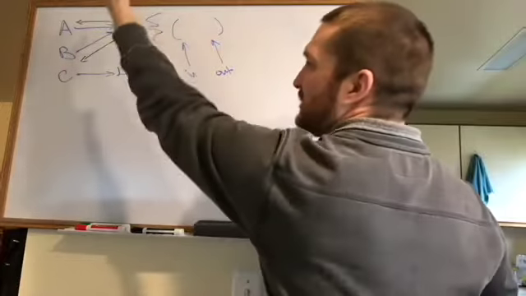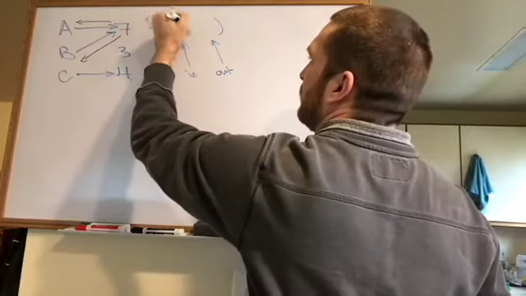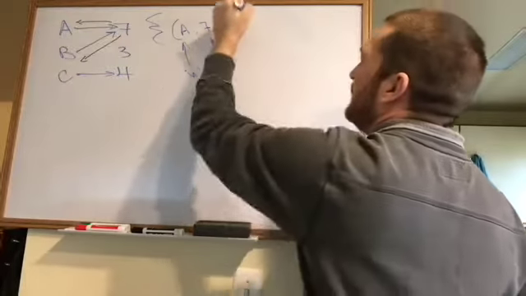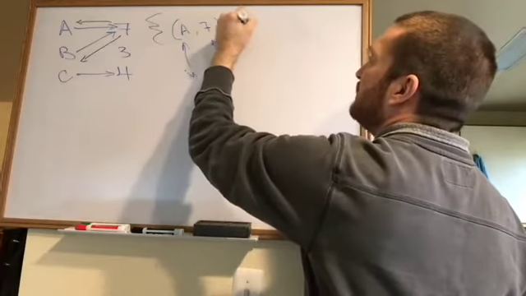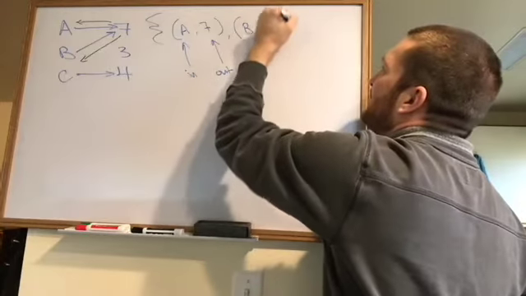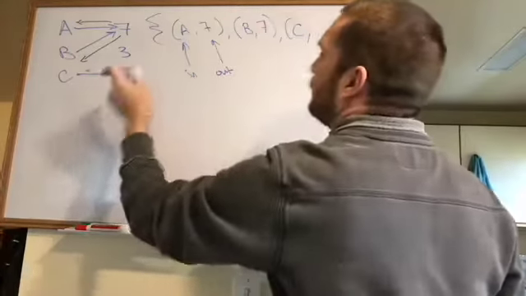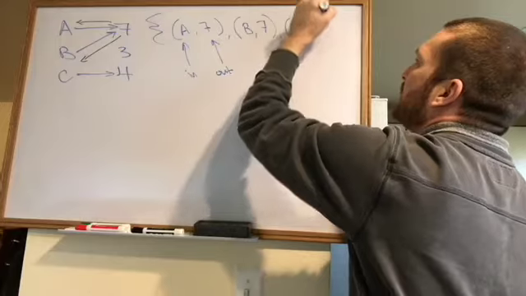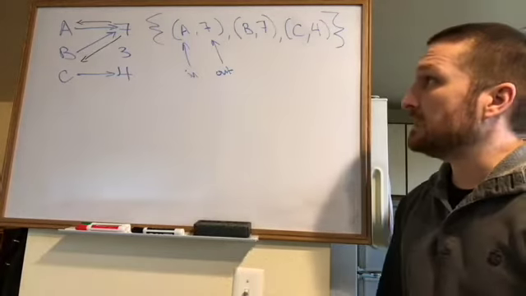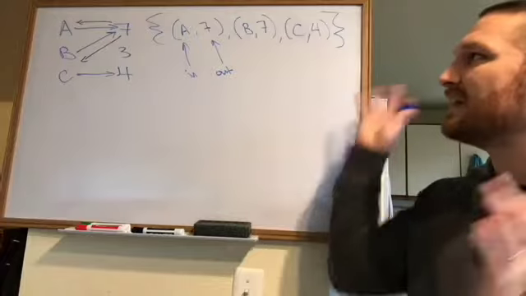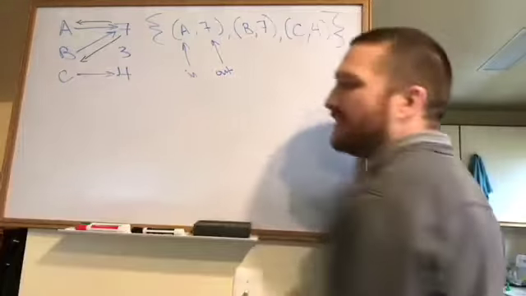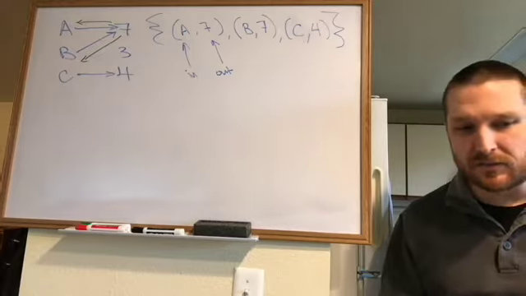And so in this case, to define this function, I would say, okay, when the input is A, the output is 7. When the input is B, the output is also 7. And when the input is C, the output is 4. And they say this defines a function. And indeed it does. We're saying the exact same thing with this as we're saying with this. The notation is just a little bit different.